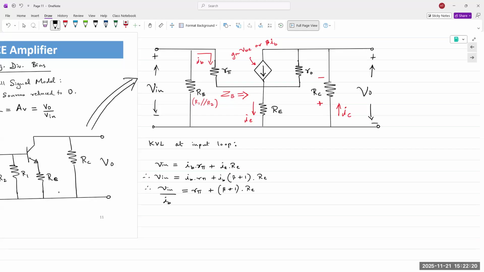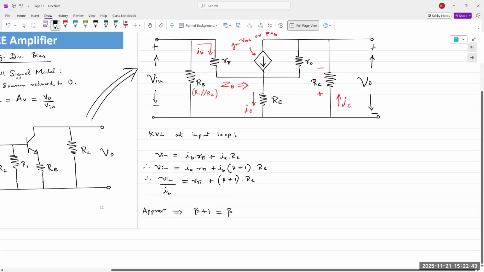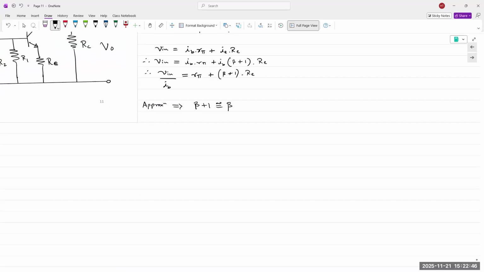Now, approximations. Beta plus 1 is approximately equal to beta. And also R pi is going to be far smaller than (beta plus 1) times RE.